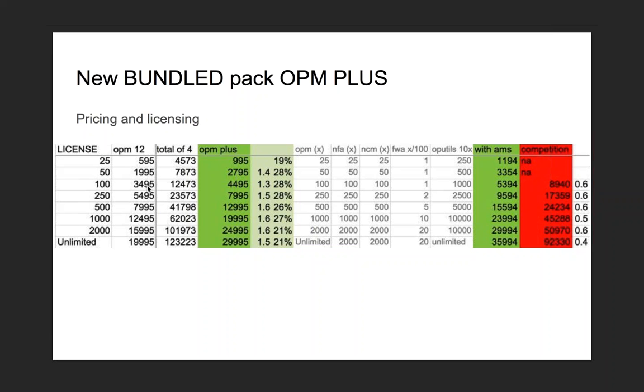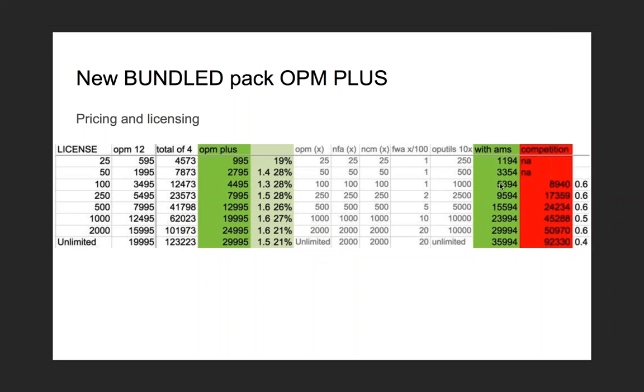If you purchase OpManager separately, it is $3,495, but if you purchase OpManager Plus with all these add-ons, it is $4,495, and the savings will be almost 70%. We are providing it at 28% of the price.